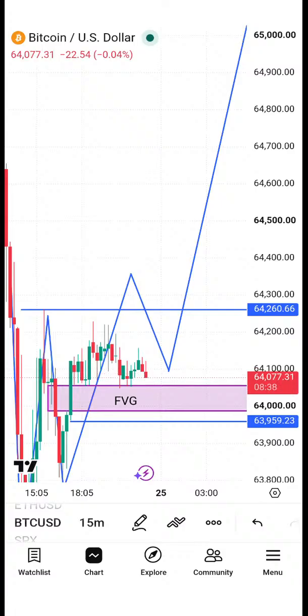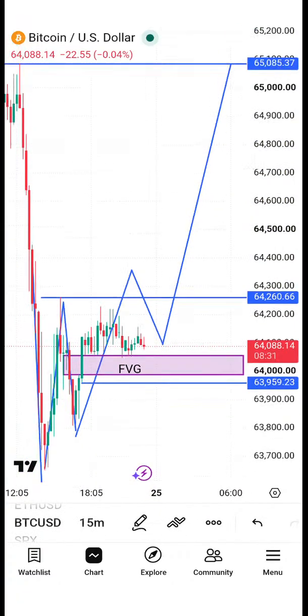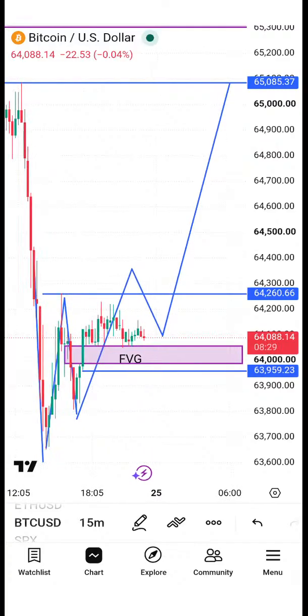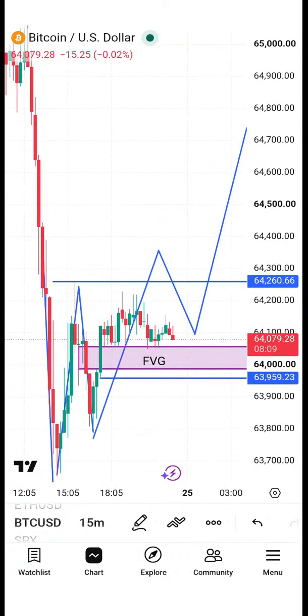Guys, remember, I'm not saying the market will do exactly as I drew on this chart. This is just what I'm expecting the market to do before I take a buy.